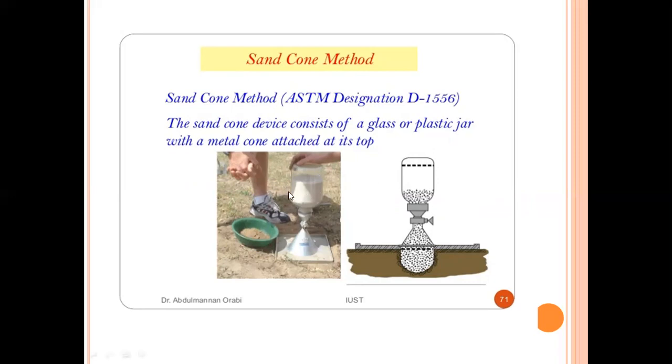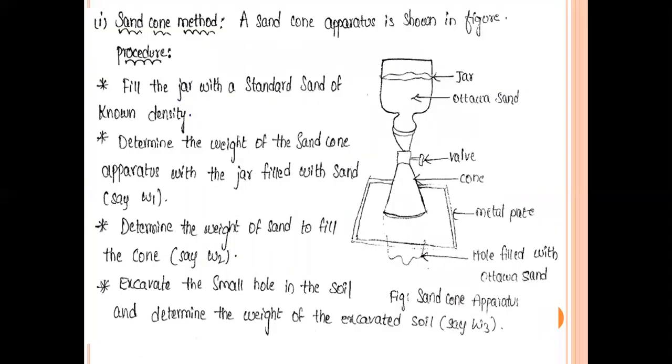This is the metal cone attached at its top. Here, the sand cone method is operated as shown in the figure. At the top is the jar, and it is filled with sand for use on site. This is the valve. It is the cone. It is the metal plate. Here the bottom is fully filled with Ottawa sand.